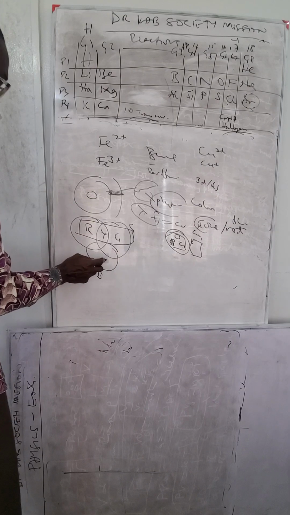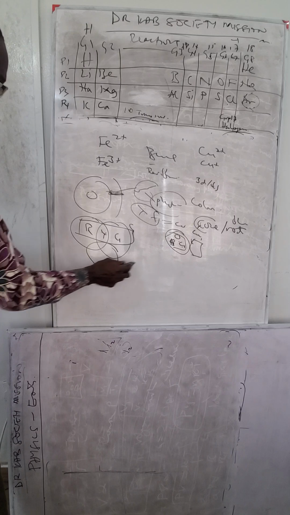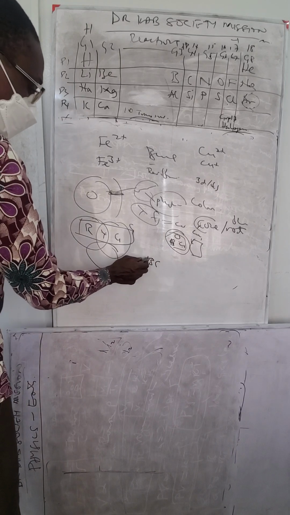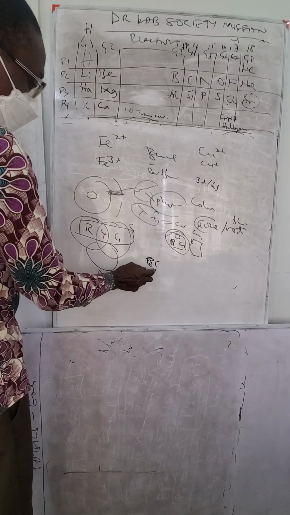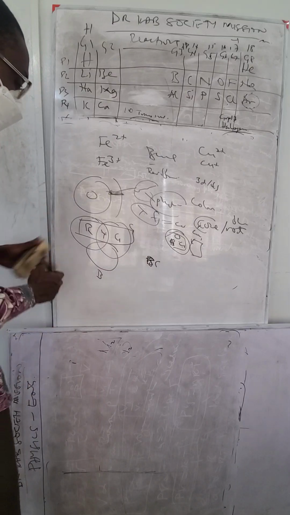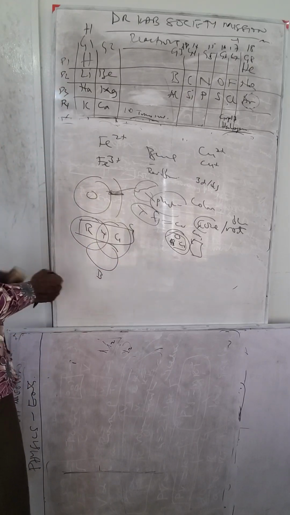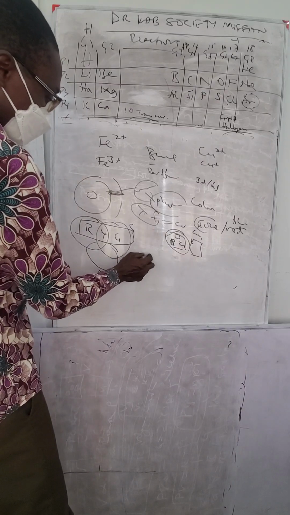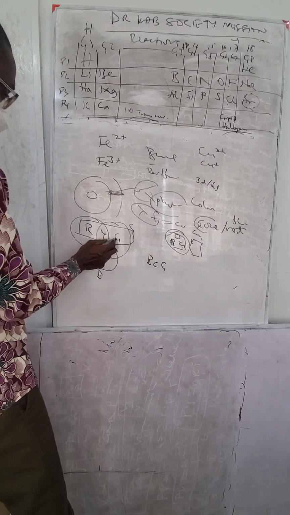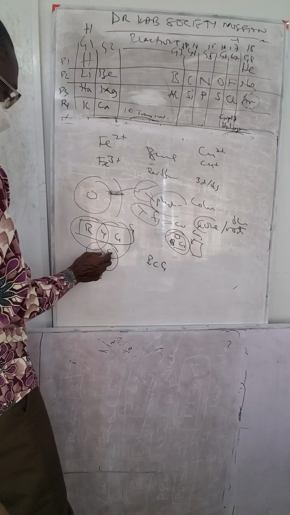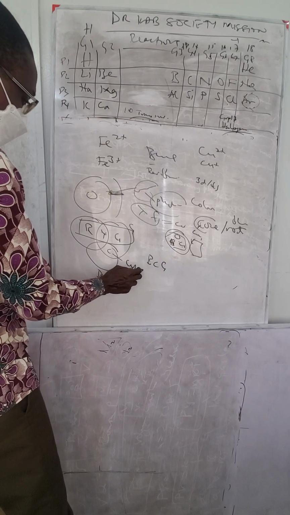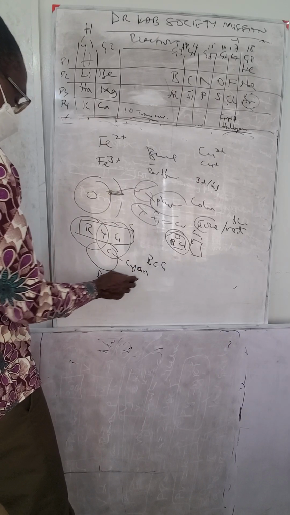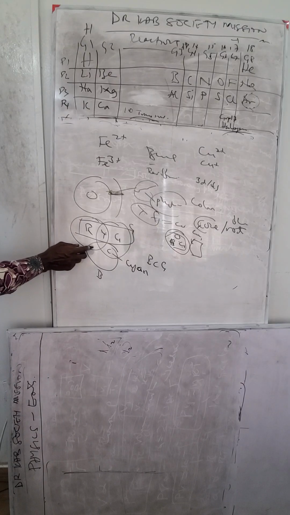Then we have the BCG. BCG is Bacillus Calmette-Guérin, the vaccine used against TB. So here too we have G and we have B, so C. This C is cyan. That's a color. And of course, the other color left is magenta.